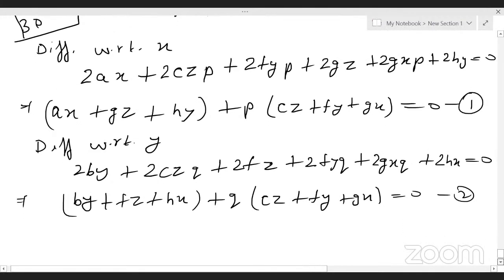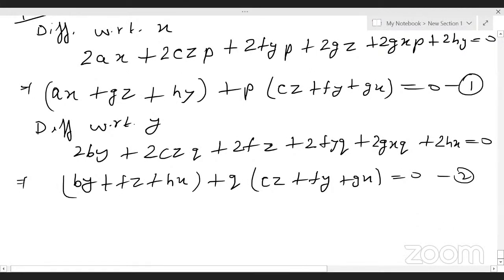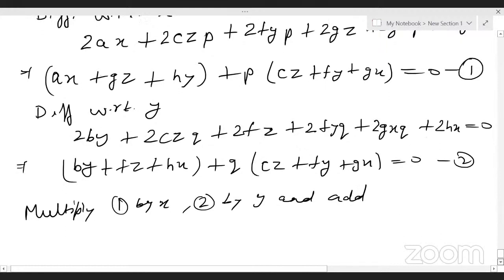Now there is a little manipulation that you have to do. You will multiply equation 1 by x, equation 2 by y, and add.